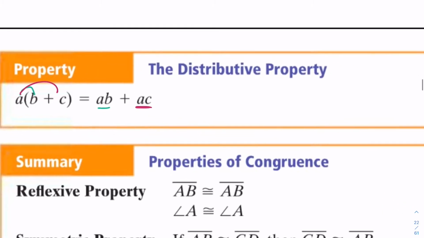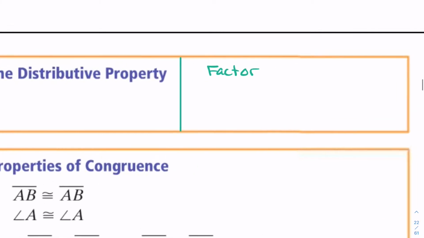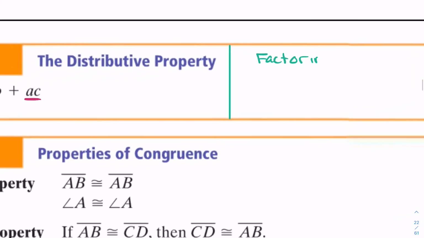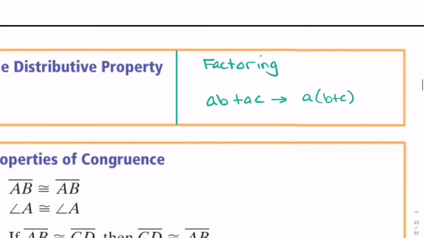Now you can also factor something. So this is, you might see something else here. Let's say factor. So factoring is the reverse of distribution. Factoring, remember, if you have AB plus AC, you could say that that is the same as A times B plus C. We can factor out an A from both of those.